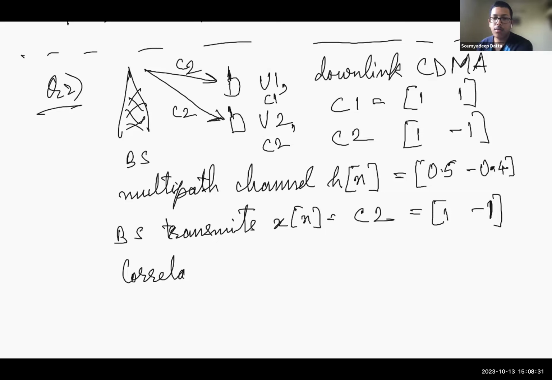Okay. Now for the same question, you are told the same SINR target, still a 10 dB SINR target.